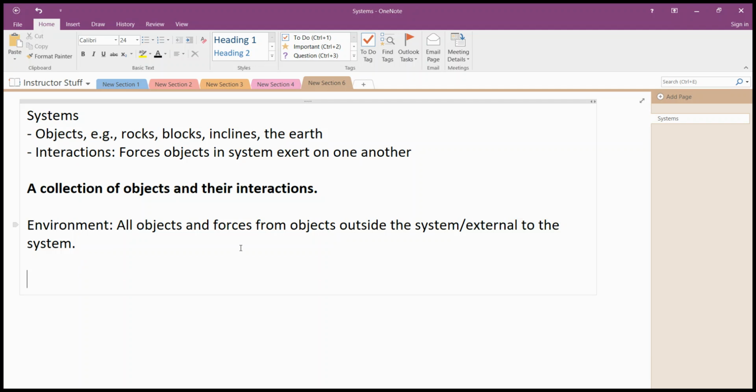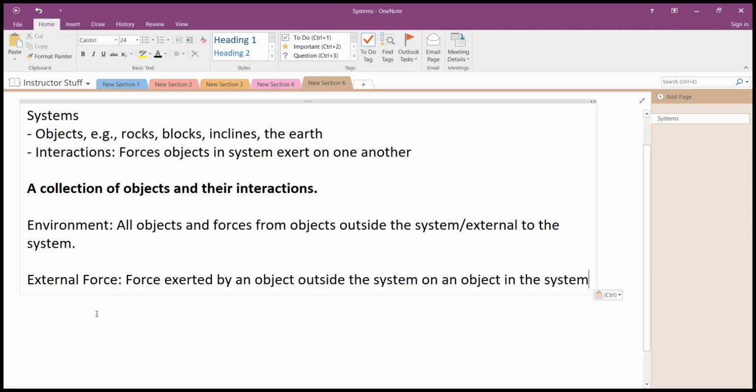Forces on objects inside your system that come from objects outside your system are called external forces. An external force, then, is a force exerted by an object outside the system on an object inside the system.